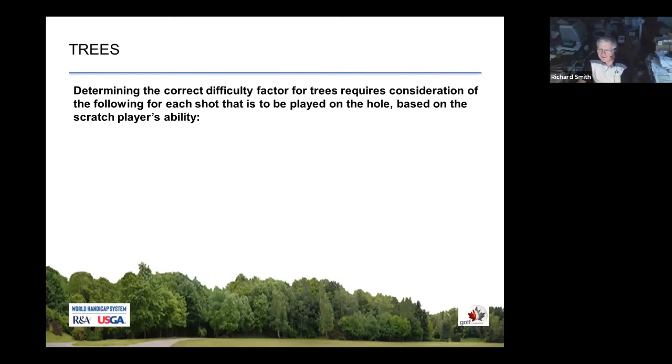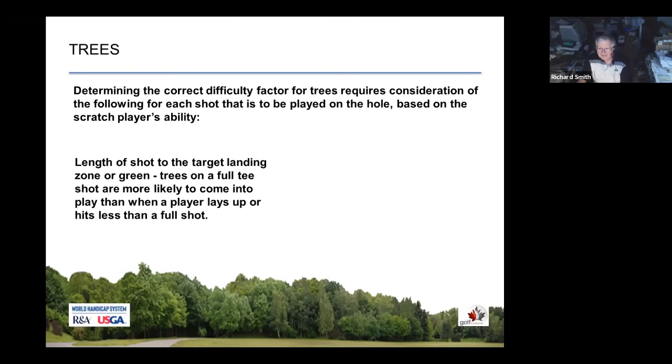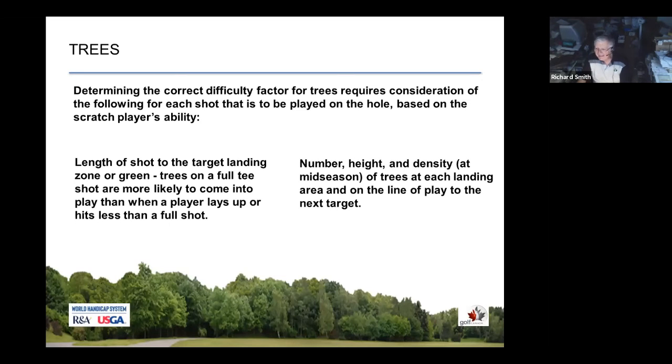Here's all the things we have to consider based on the scratch player's ability. The length of the shot, the number, height, and density at mid-season of the trees at each landing area, and this is the big difference, along the line of play to the next target.